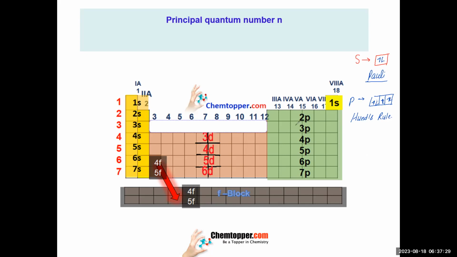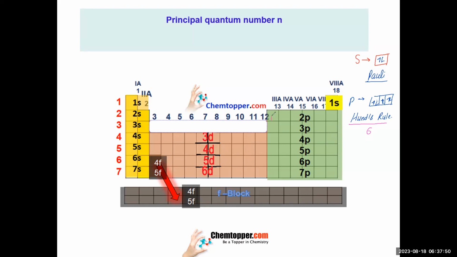How many groups are there in the p subshell? In the p subshell, there are 6 groups because you can have 6 electrons.